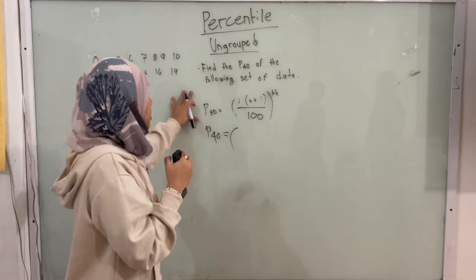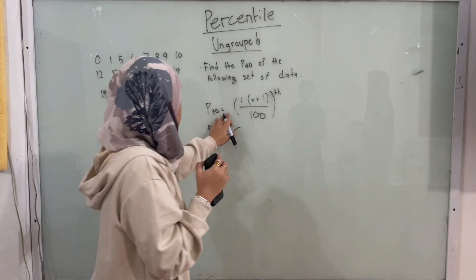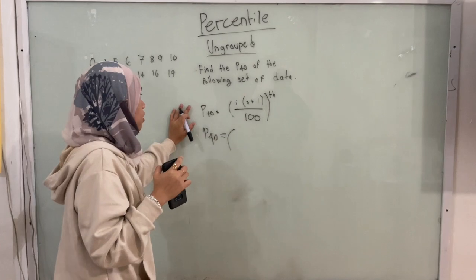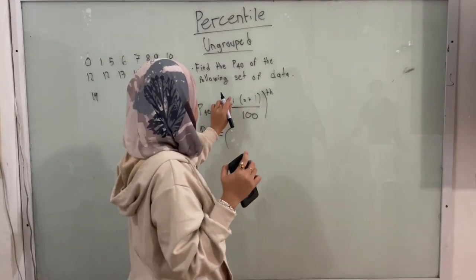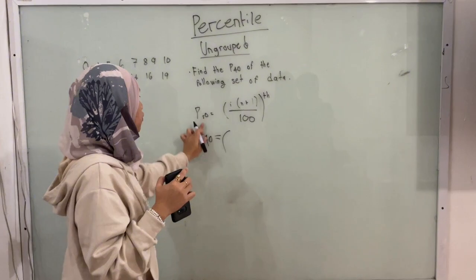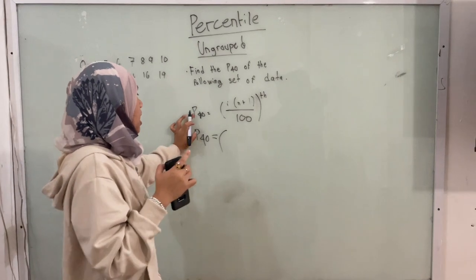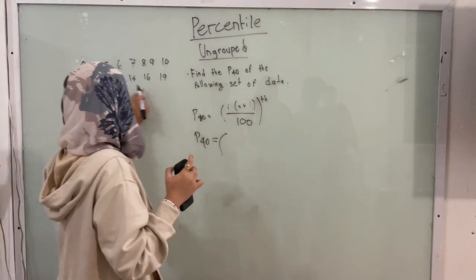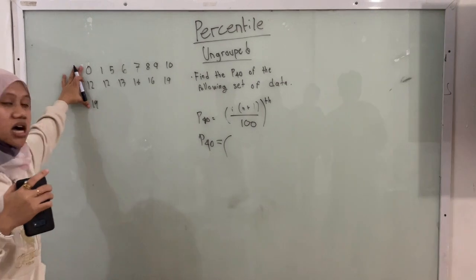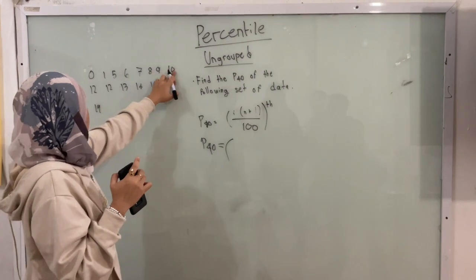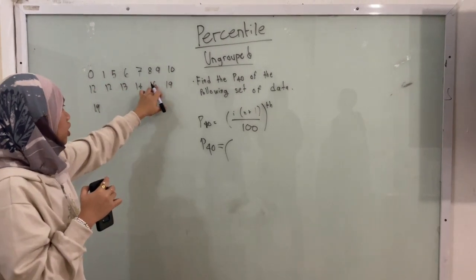So, we would follow the following formula. So, first is ipa-find natin kung ano yung i. Yung i natin is itong 40. Itong P40 yan yung i natin. While yung n is yan yung dami ng nakalagay dito. So, 1, 2, 3, 4, 5, 6, 7, 8, 9, 10, 11, 12, 13, 14, 15.